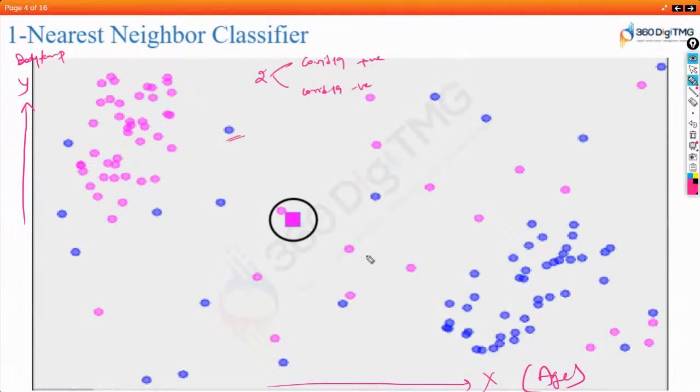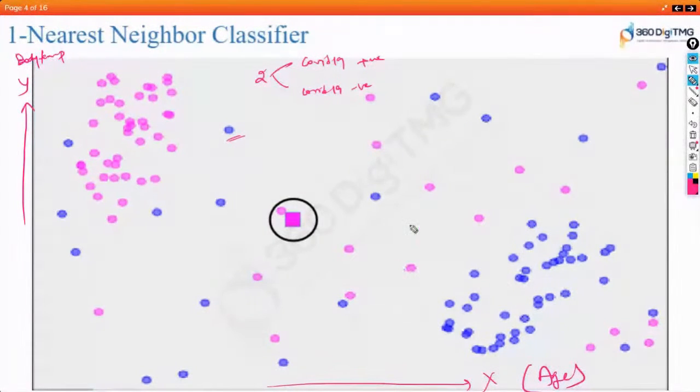Now, given this information about your historic data, your past patients' data, when a new patient is given to you, you have to classify whether the patient has COVID-19 or not. So you have to train the machine to identify the pattern hidden in the data.